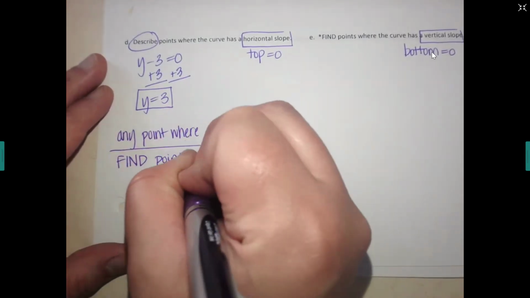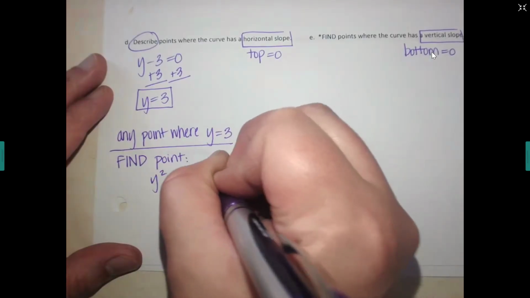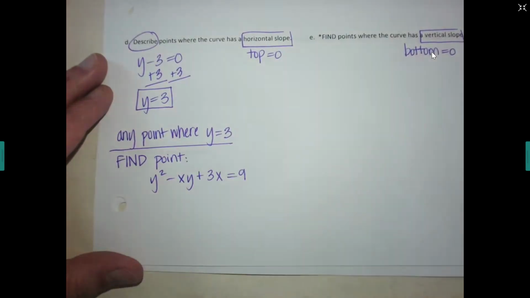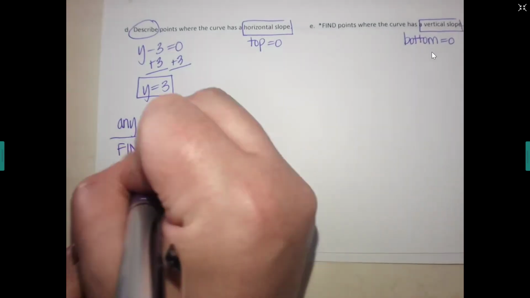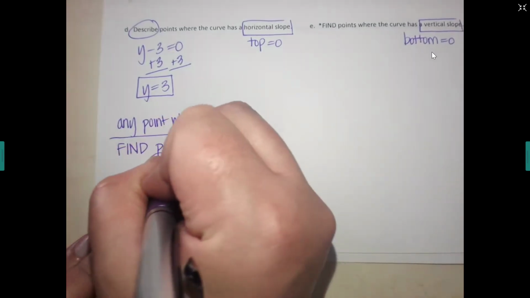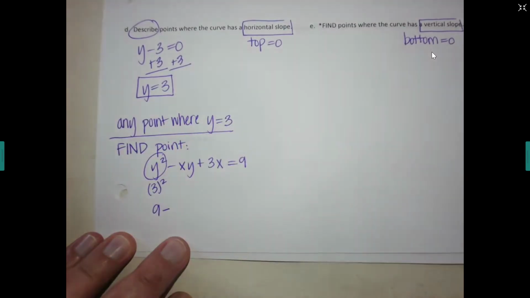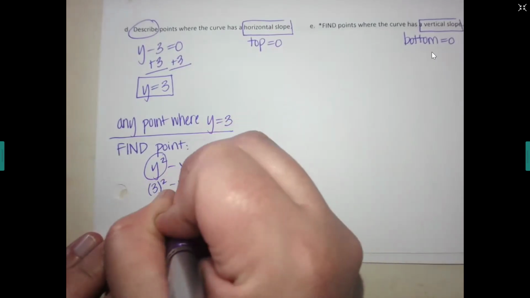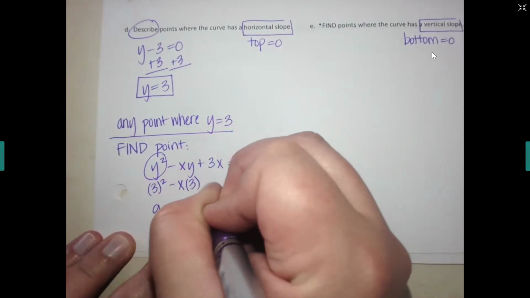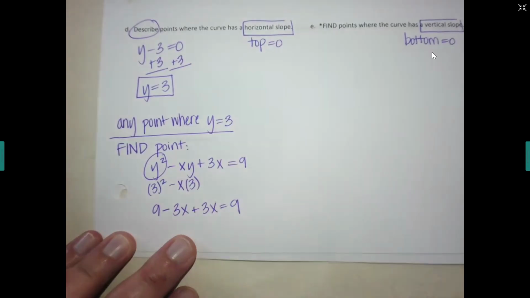So my original equation was a y squared minus xy plus 3x equals 9. And then I know now what my y is. My y is 3. So let's plug it in. 3 squared would be 9. X times 3 would be a negative 3x plus 3x equals 9.